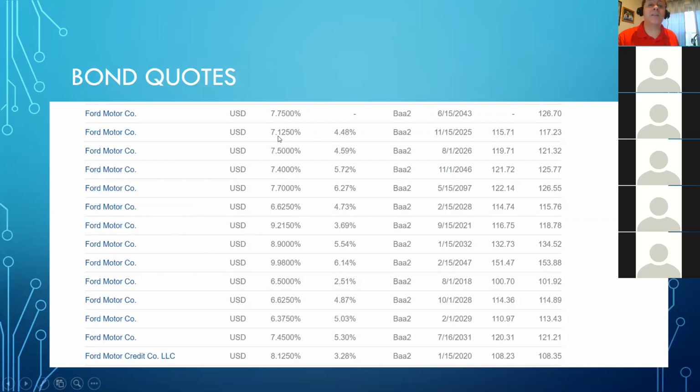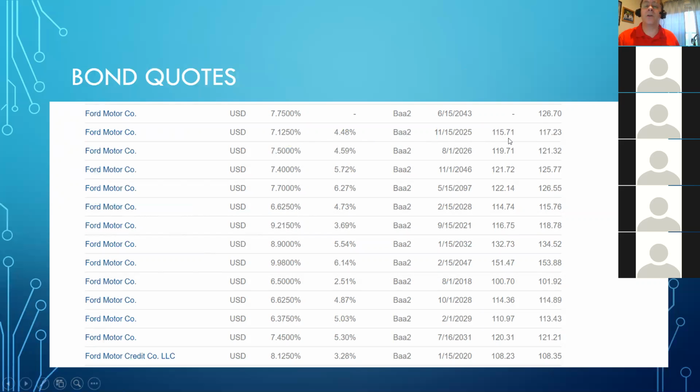So how is it that Ford is paying 7 and the investors are expecting 4.5? Well, that is reflected over here in the value of these bonds.